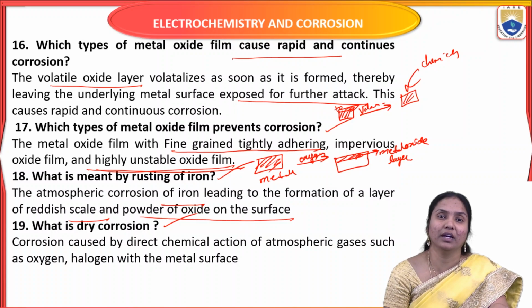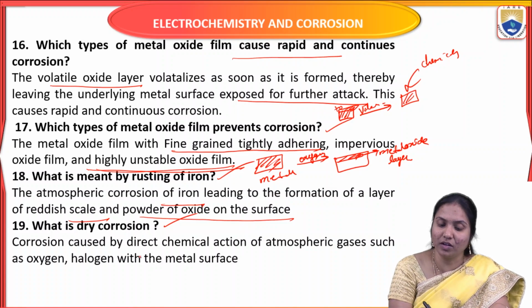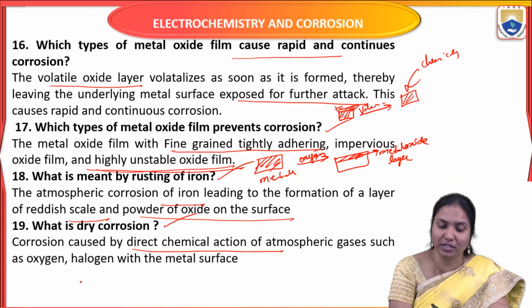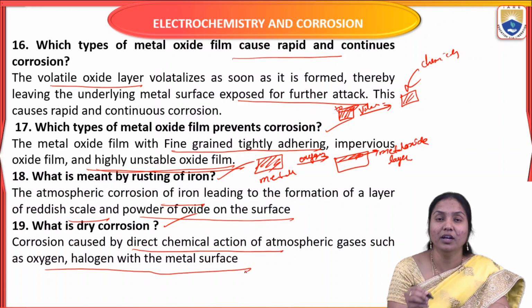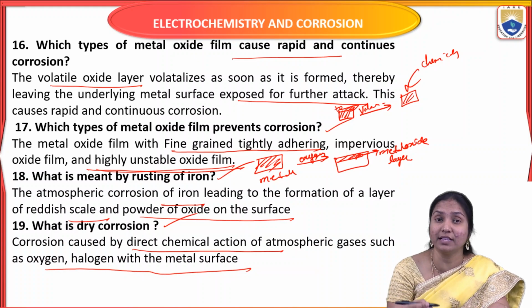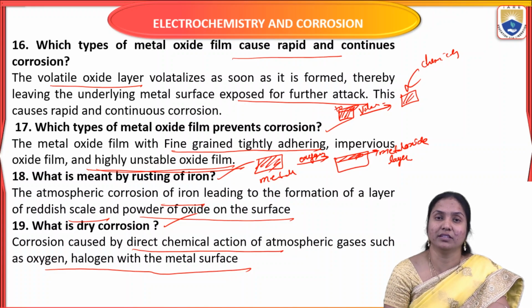This corrosion is caused by direct chemical action of atmospheric gases, for example oxygen, halogen, chlorine or hydrogen, on the metal surface. This is called dry corrosion or direct chemical corrosion.